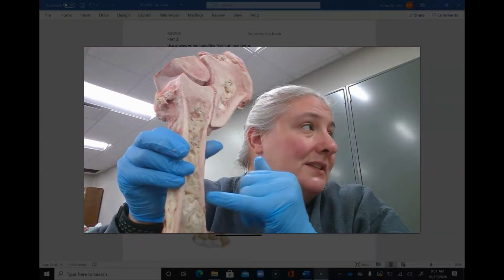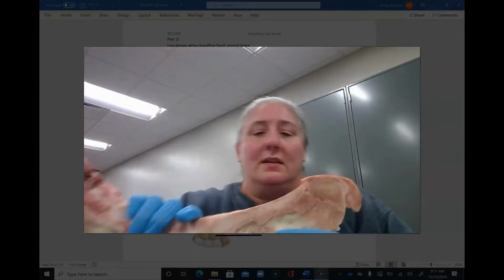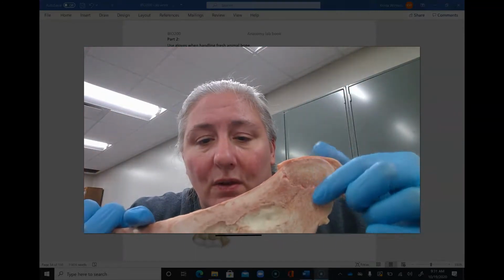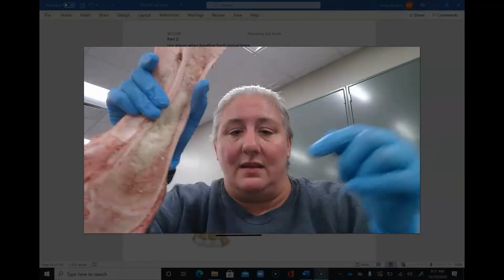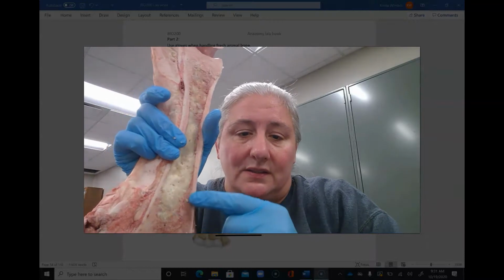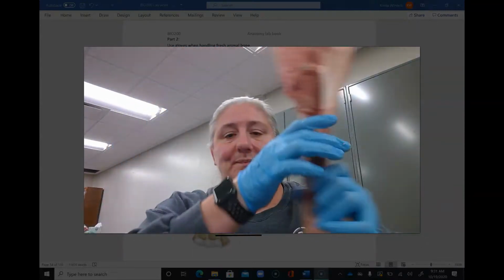That's diaphysis bone, okay? Let me pull this one because I feel like you can see it better. Do you see how there are little holes? That's spongy bone there. But then this part here, along the edges, that's compact bone, okay?